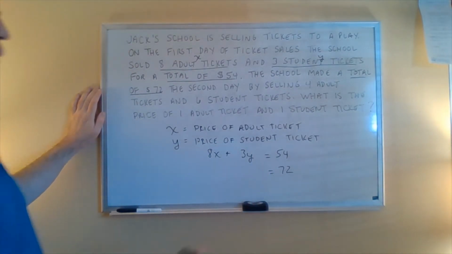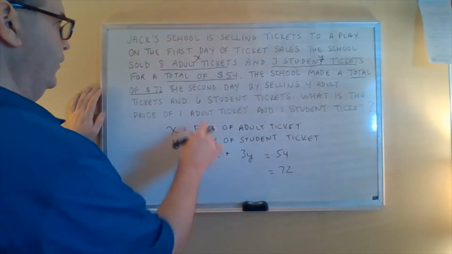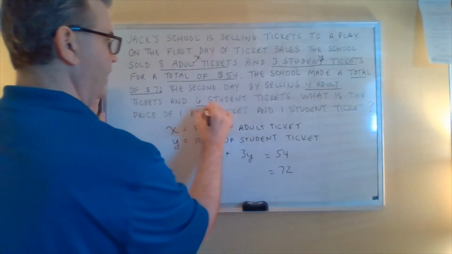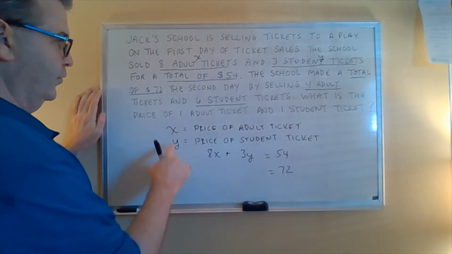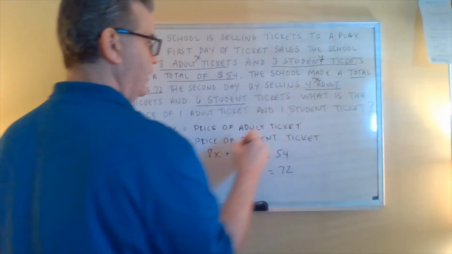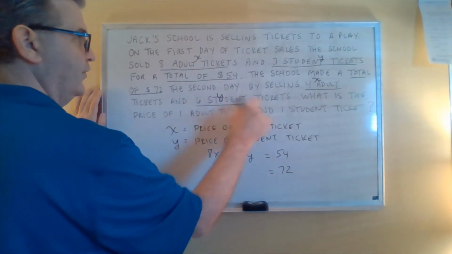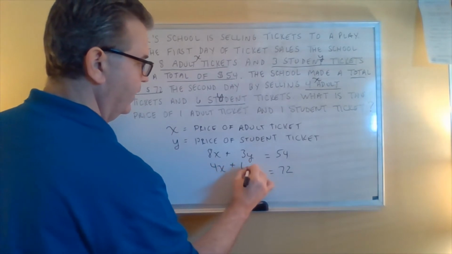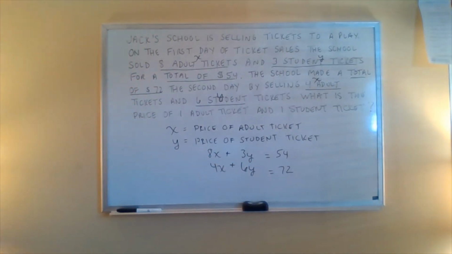Okay, let's take a look at what made up 72. Well, 72 was made up by selling 4 adult tickets and 6 student tickets. Remember, adult is x and student is y, so we're going to have 4x plus 6y for our second equation. Okay, so hopefully that all made sense there.